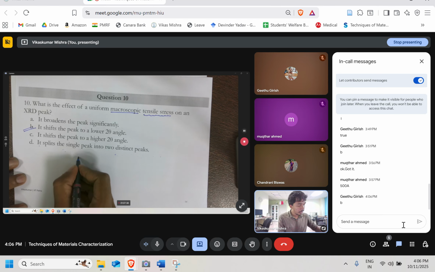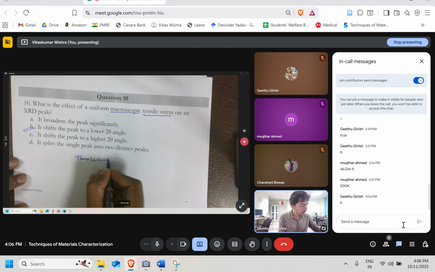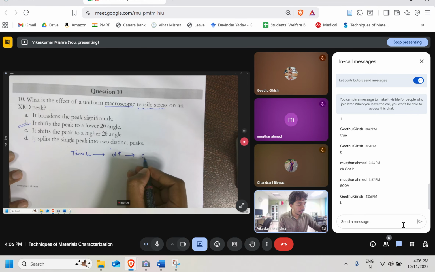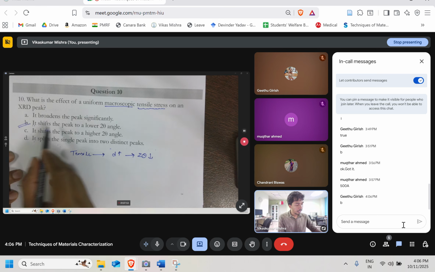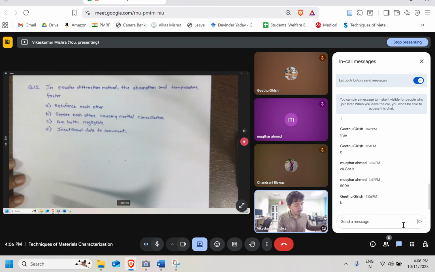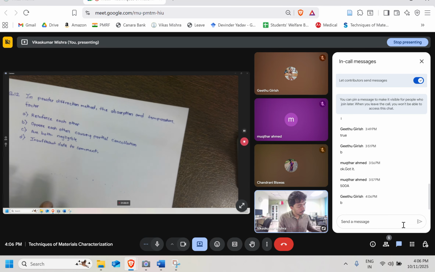In tension, when the specimen is under tensile stress, the D spacing is more, which is going to reflect that theta will be less. So the peak will shift to the lower angle side, right? Very good. Let's move to the last part.